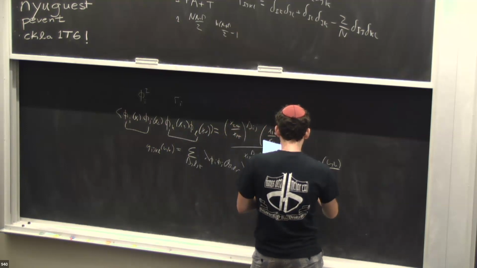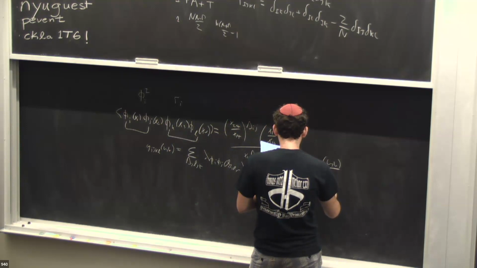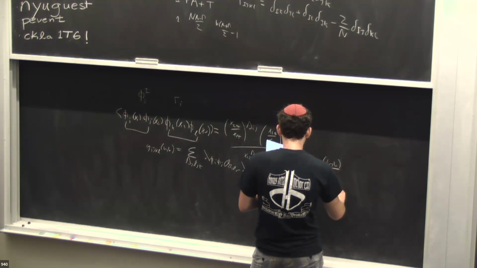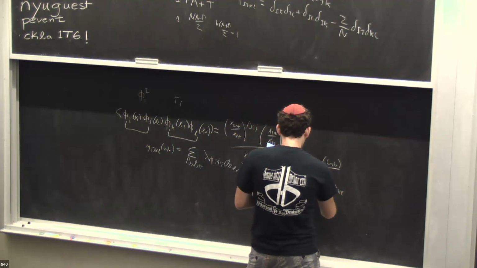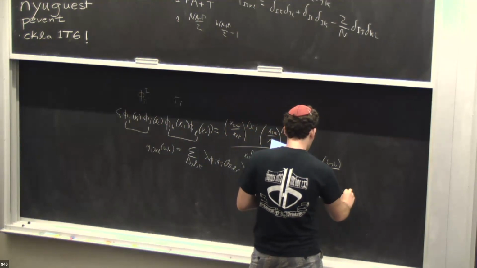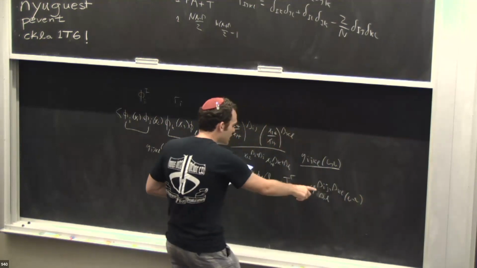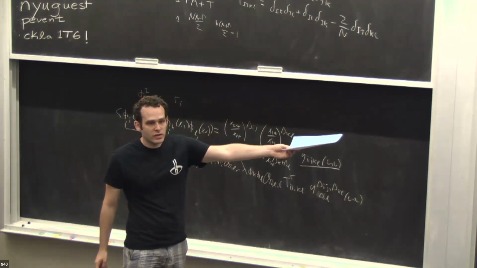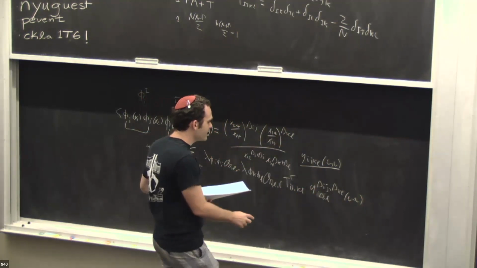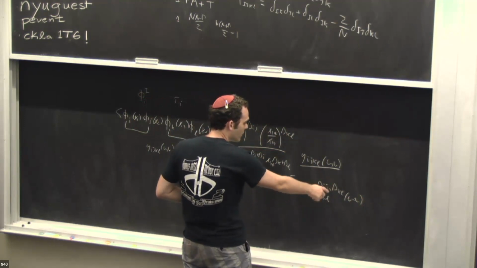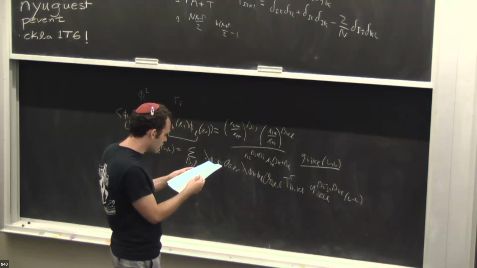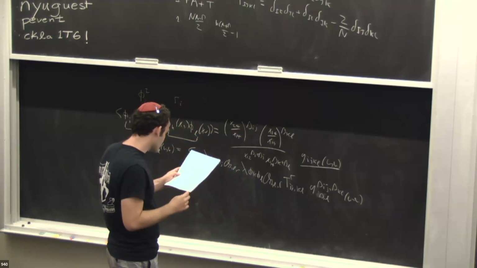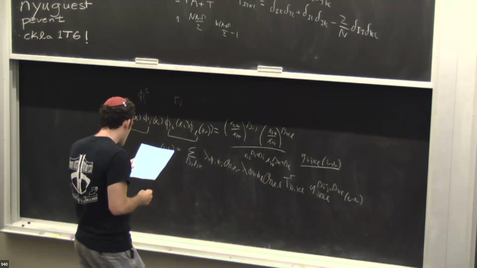And then there's a conformal block, but this conformal block is a bit different from the conformal blocks we dealt with before. In particular, it has labels that depend on delta ij and delta kl. And then as usual, it also depends on the scaling dimension and spin of the internal operator. So this is a different conformal block from the conformal blocks we had in the single correlator case. In particular, the difference depends on the difference of the scaling dimensions of the first and second operator and the third and fourth operator. And so if you want to do mixed correlators, you have to compute this more general class of conformal blocks.